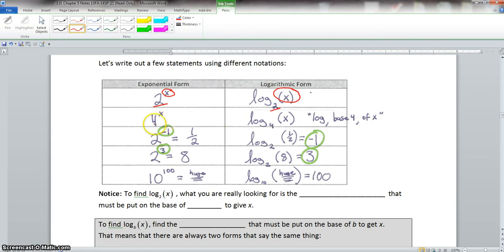Okay, so now we have the same thing here. We have 4, so we have log base 4. And our exponent is our argument. So we have log base 4 of x. So we have 2 to the -1 is equal to 1/2. Now, this is a little different. We have our base, our exponent, and we have a solution.